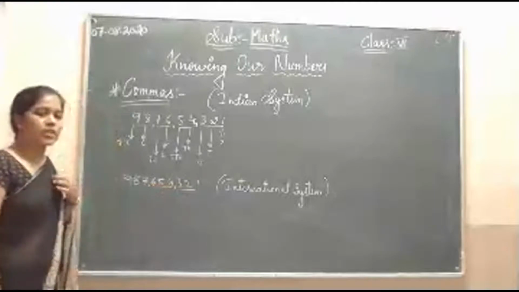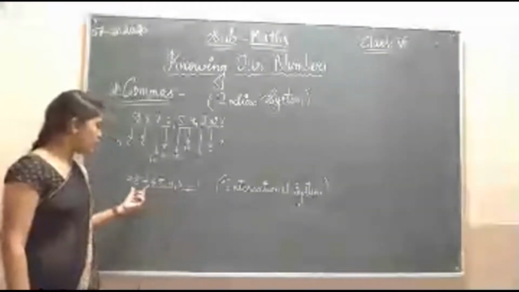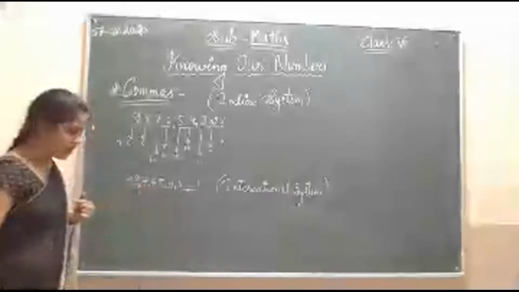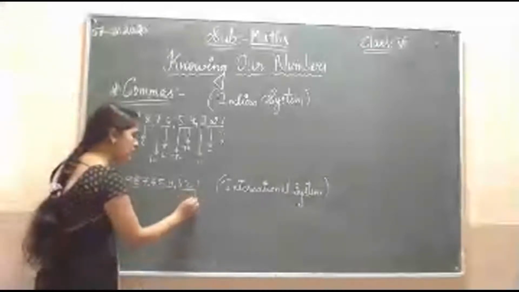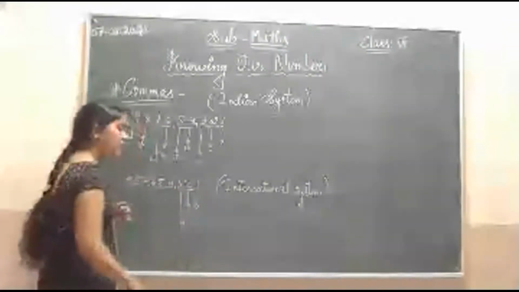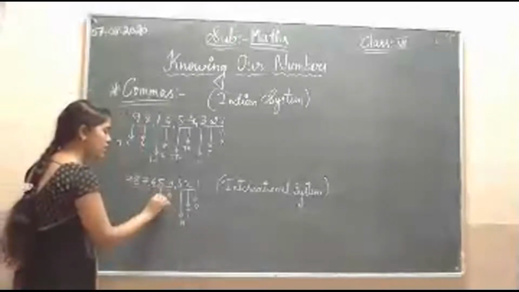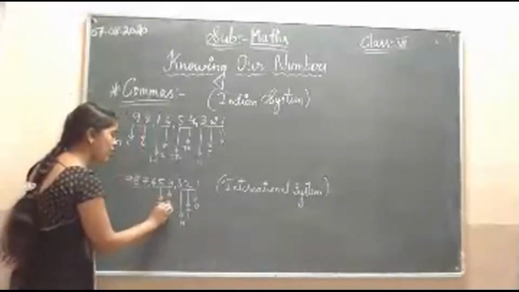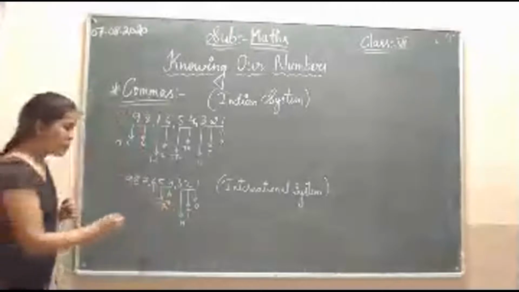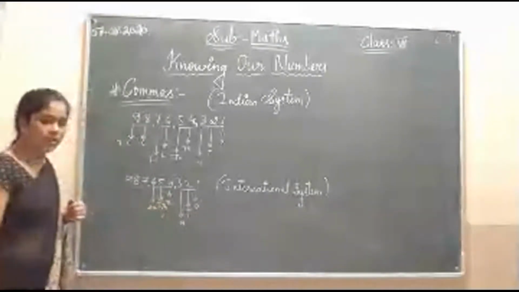Because ones, tens, hundreds are in one group; 1,000, 10,000 and 100,000 are in another group.